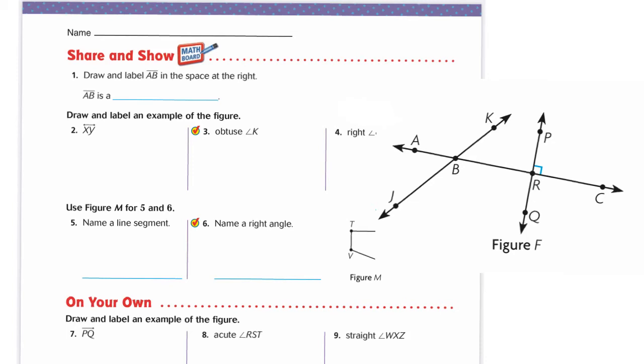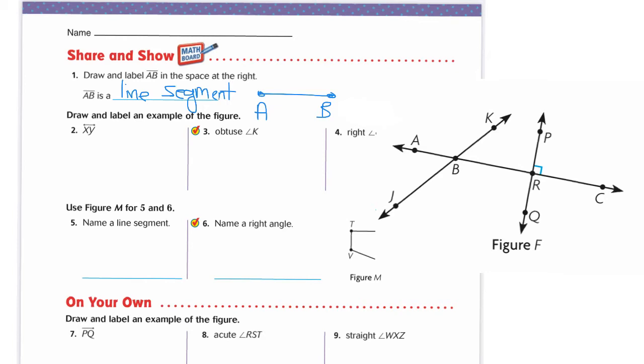So AB, like I just said, is a line segment. And it would look something like this.